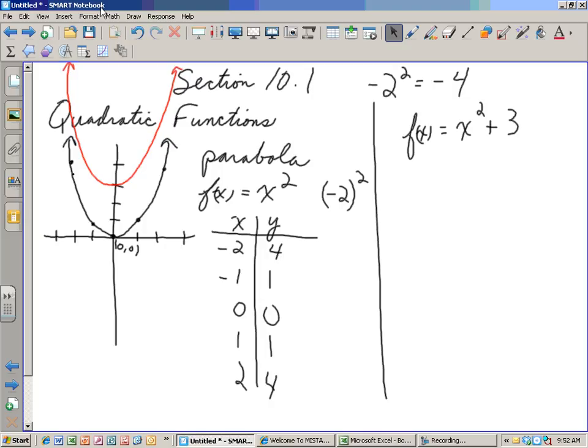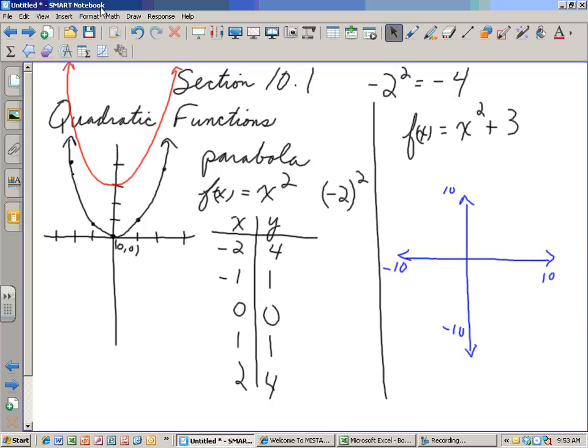A standard window means that my x goes from -10 to +10, and my y-axis goes from -10 up to +10. We're going to graph everything in a standard window.